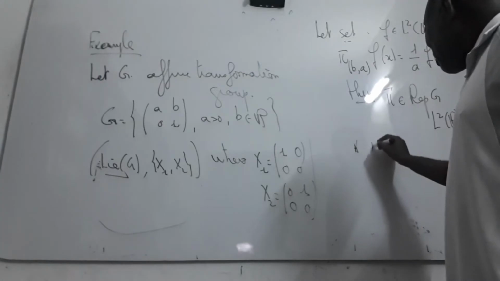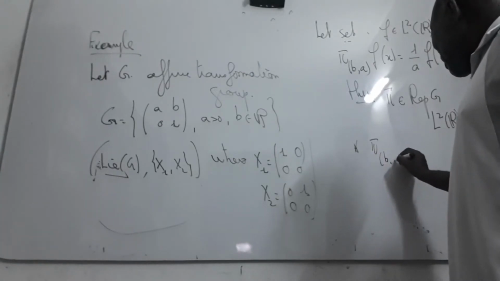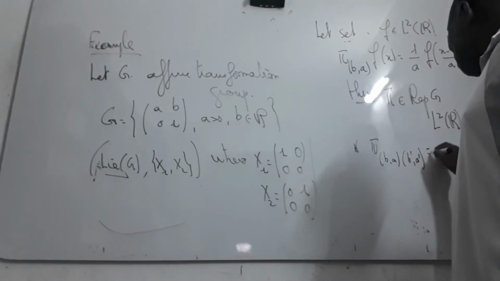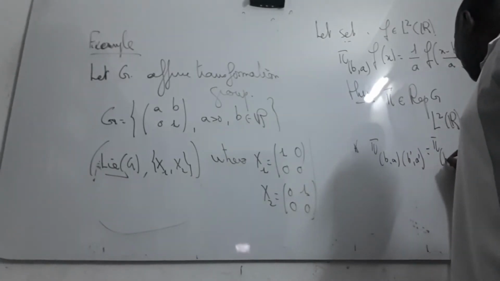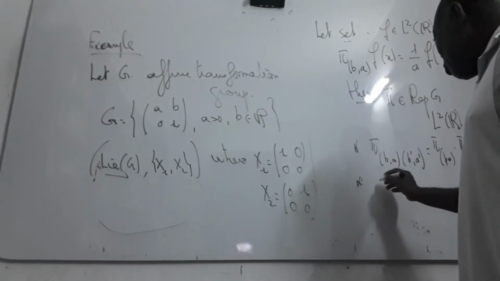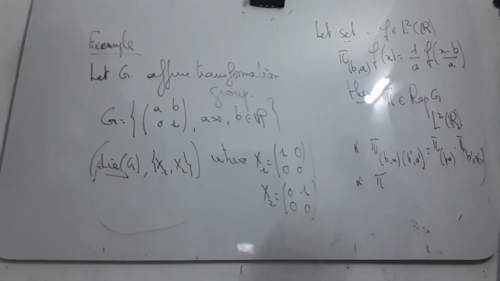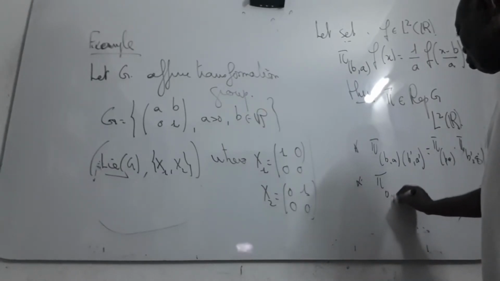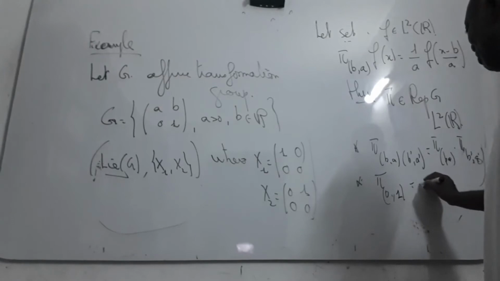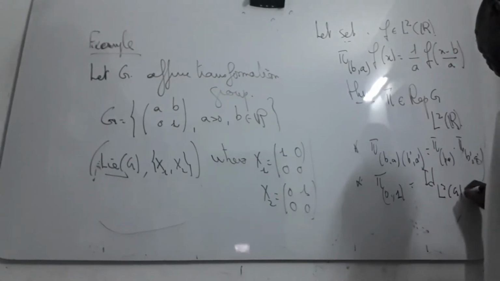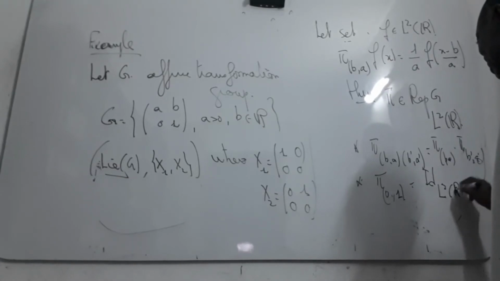If you compute it, you have proved that pi of (B, A) composed with pi of (B', A') equals pi of the product, and pi of the identity is the identity of this Hilbert space.